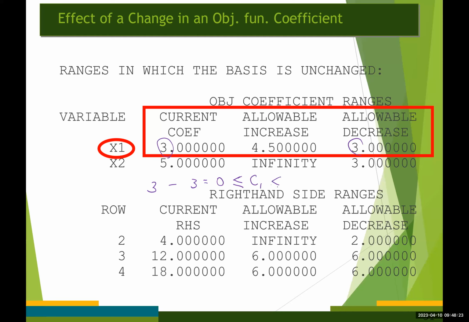And then less than or equal to, again, 3 from the current value plus the allowable increase limit of 4.5, which is equal to 7.5, right? So within these ranges, window glass has to manufacture 2 glass doors and 6 windows. That's how we can interpret this Lingo output.